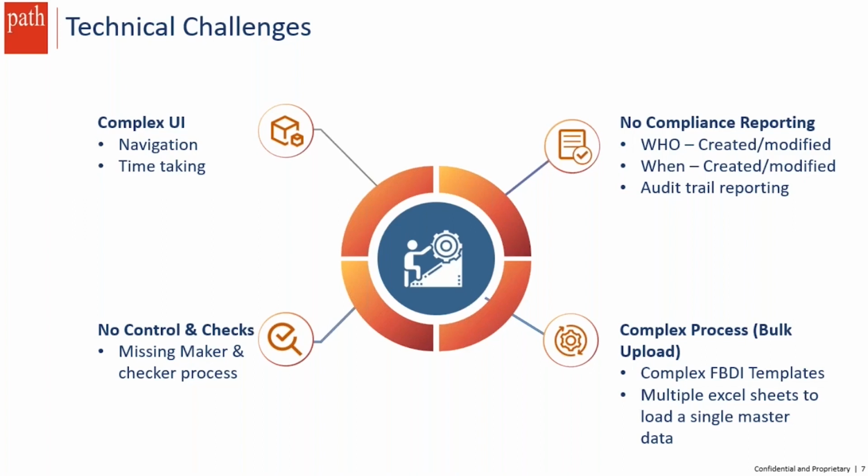It needs the involvement of IT as well, because there are multiple Excel sheets that need to be linked to load a single item master or a single master. Even if one Excel sheet is used, there will be multiple worksheets that need to be created and manually mapped so that the upload process can happen.